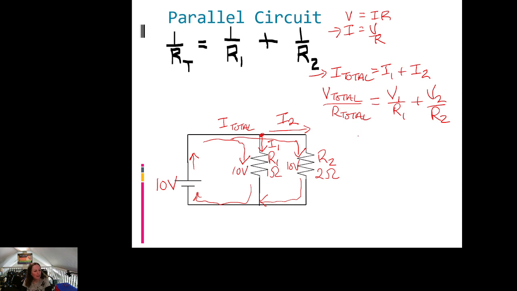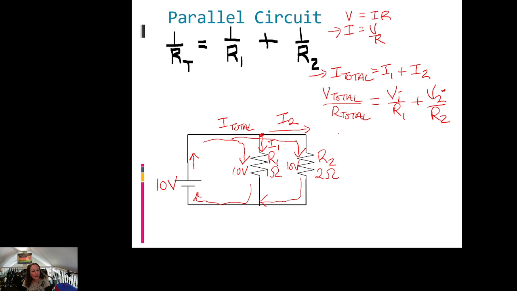We'll get there. Now, do you remember that whatever voltage comes from the battery gets used up and spent through the resistor in the first loop, and that same amount of voltage gets used up around through the second loop? So V total is the same as V1, which is the same as V2.